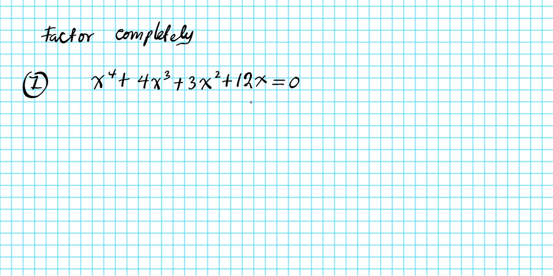In that configuration, the smallest power is normally the GCF. So we have 4, 3, 2, 1. There's a 1 here. So the GCF is automatically going to be x to the first power, because x to the first power evenly divides every single variable term here. Okay? So what we're going to do is factor out that greatest common factor, which is x.